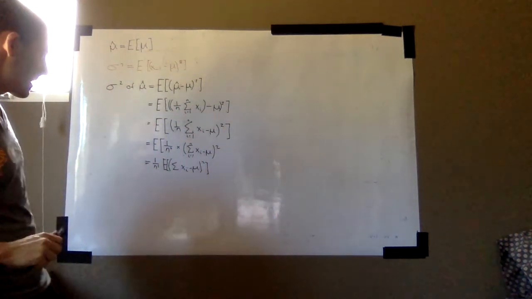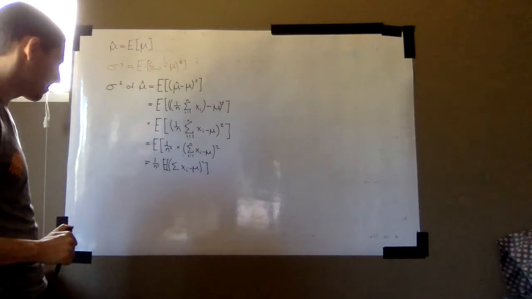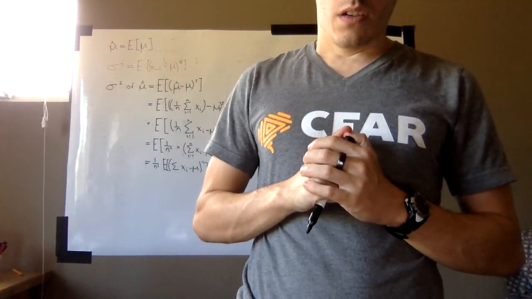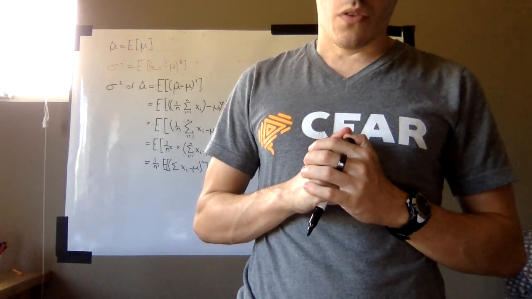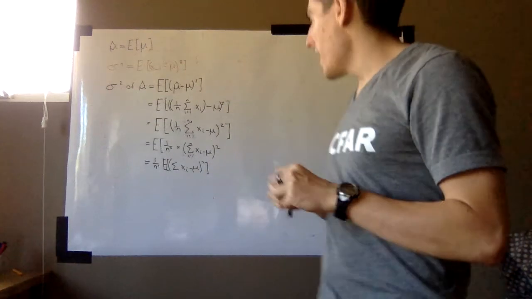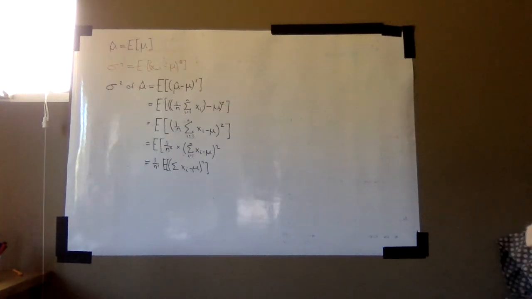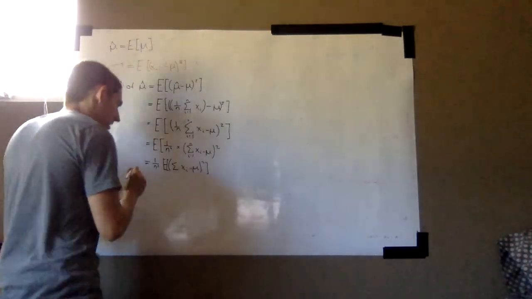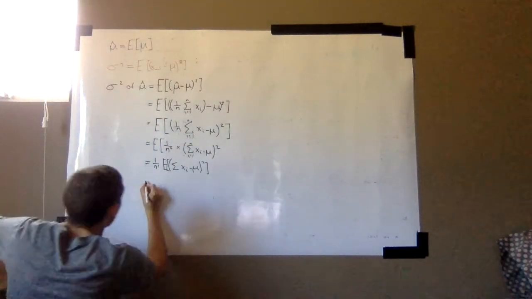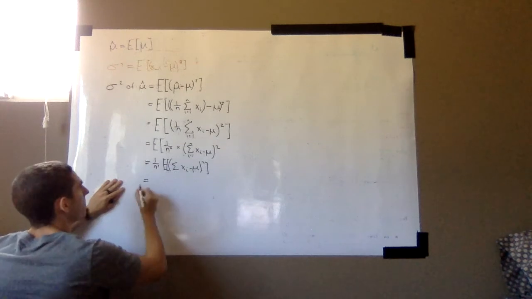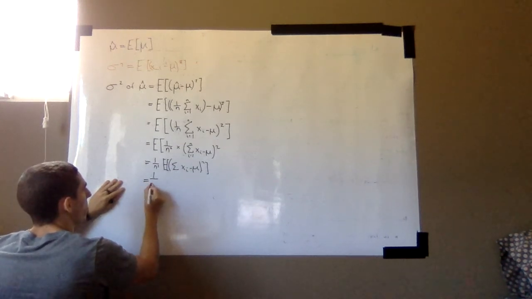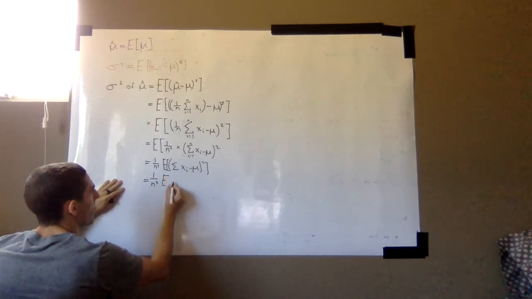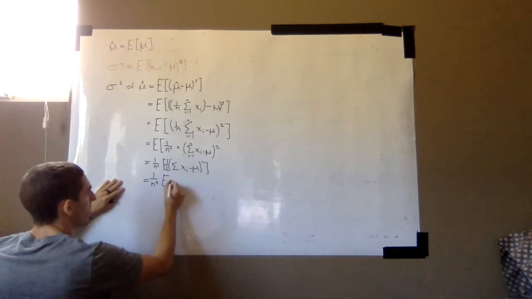Okay, so now here's where we get some action. All right, so the next part I think is maybe the trickiest part of this proof, where we have 1 over n squared times the expected value of this thing squared.